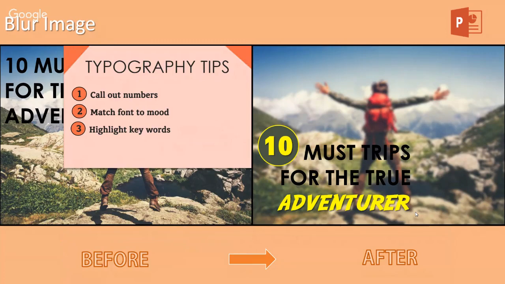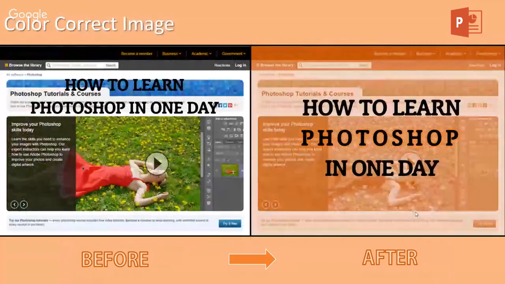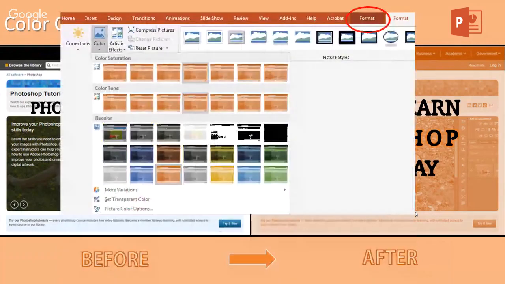The next slide on the right has had color correction applied to it. The color correction tool is accessed the same way as artistic effects. First, click on Picture Tools Format, then Color Correction, where you can choose from a wide variety of color variations to help your text stand out.